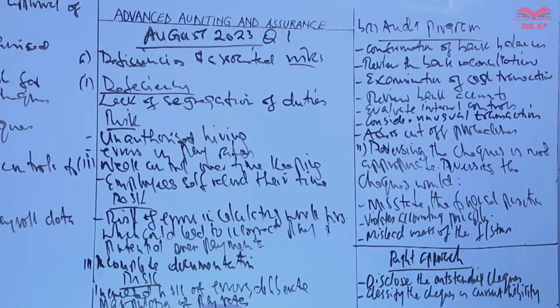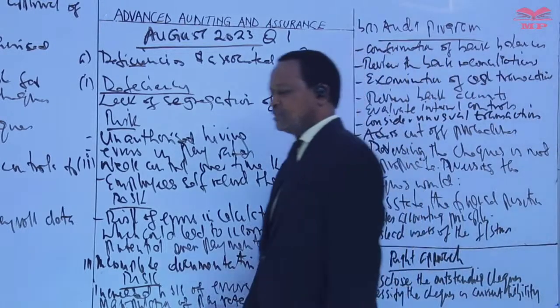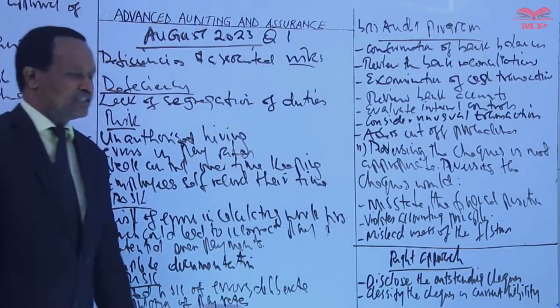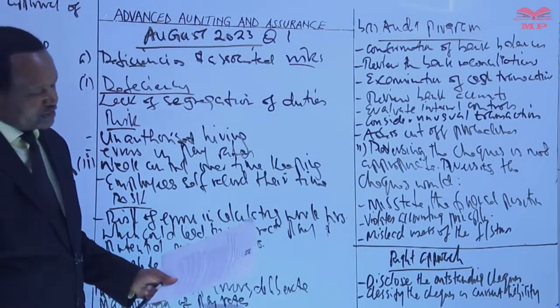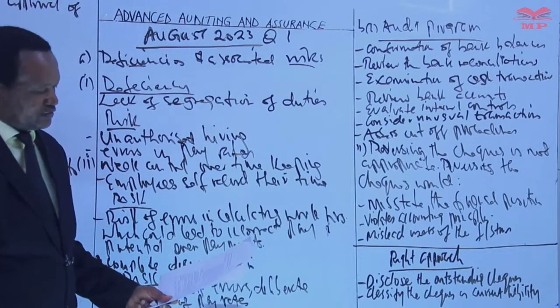The checks should be classified as accounts payable or just current liability. Then follow up to ensure that the checks have been cleared by the bank, or the checks were issued before the auditor arrived. You see that? So that's it for this question.